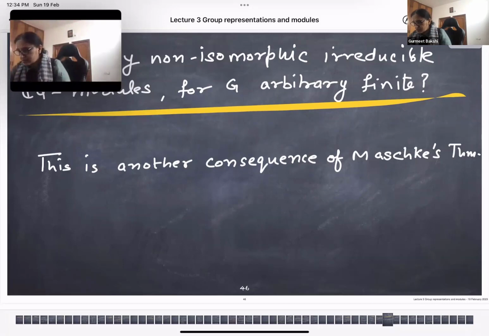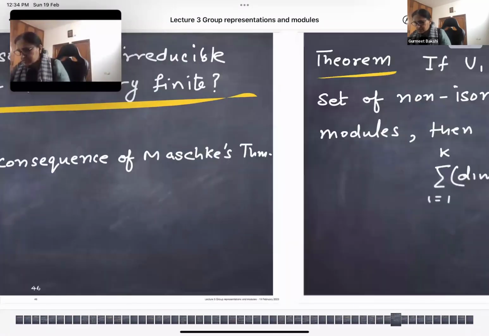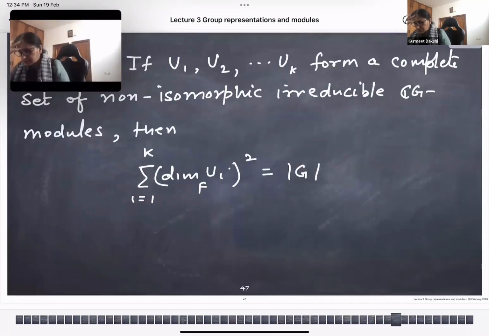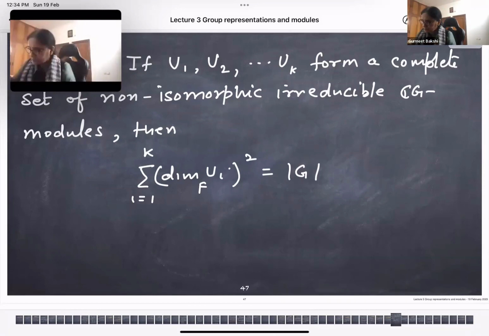Those who know representation theory know the answer to this: the number of irreducible representations will be the number of conjugacy classes of G, and the degrees have a relationship. But these results, which I am going to do now, can be modified when your field is not algebraically closed, but then you have certain more notions and so on.